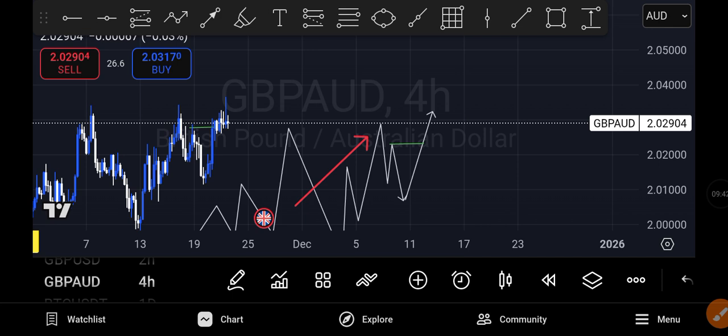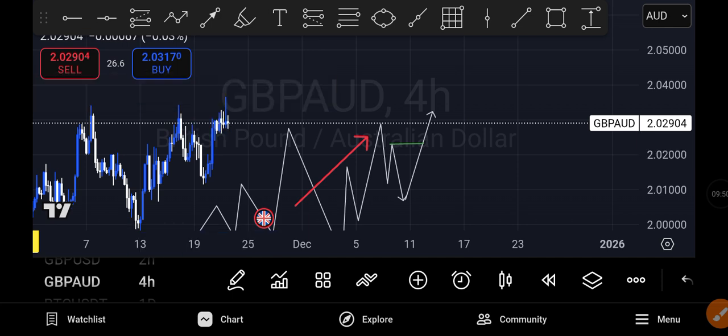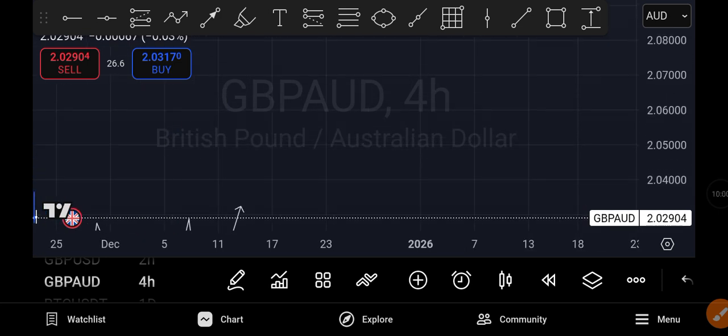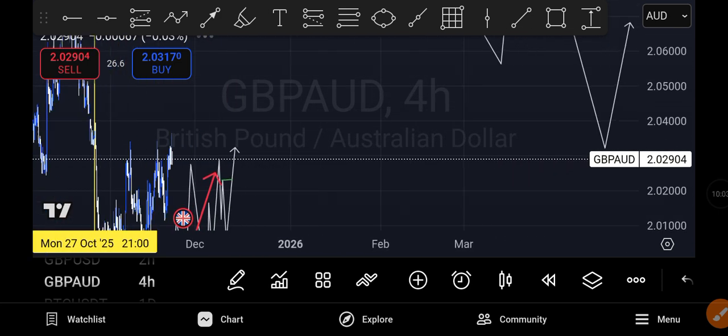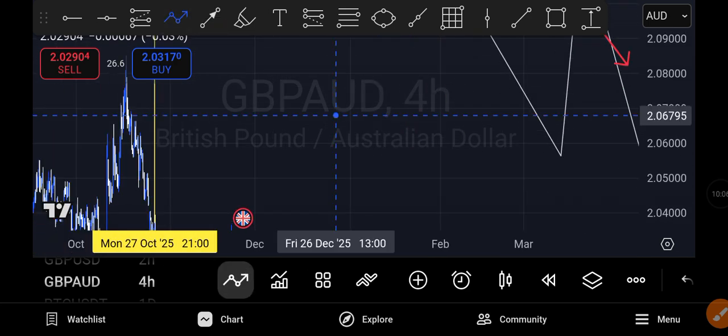Okay, I just want you to understand how you get your entries, how you get your top-down analysis, how you understand the overall market trend. All right, because an uptrend on the higher time frame will give you a pullback. Let's say price is creating higher highs and higher lows like this.